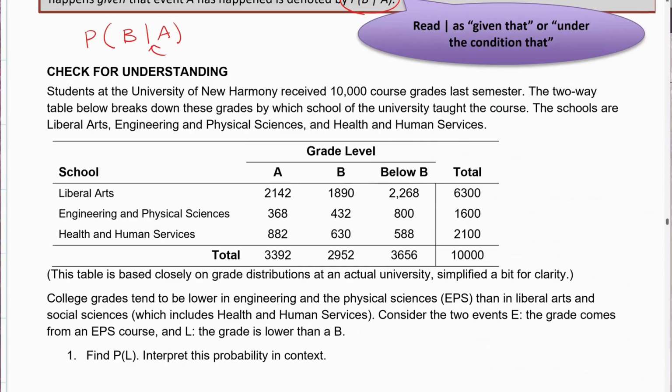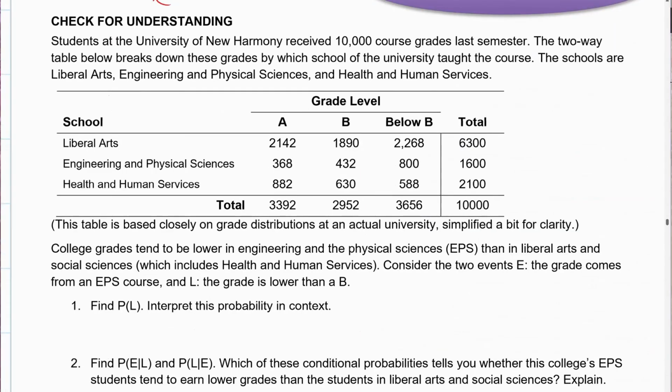Let's see this in play on this problem. Students at the University of New Harmony received 10,000 course grades last semester. The two-way table breaks down these grades by the school of the university. The schools are the liberal arts school, the engineering school, and the health and human services school.